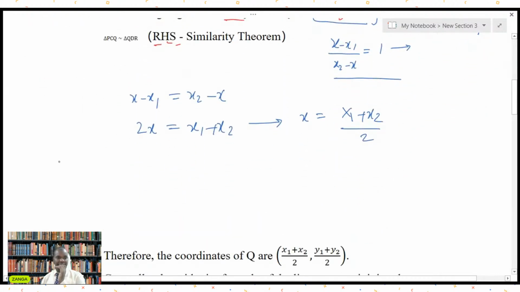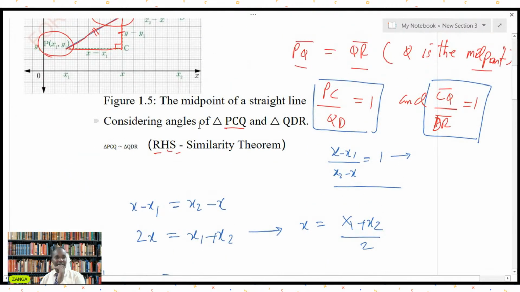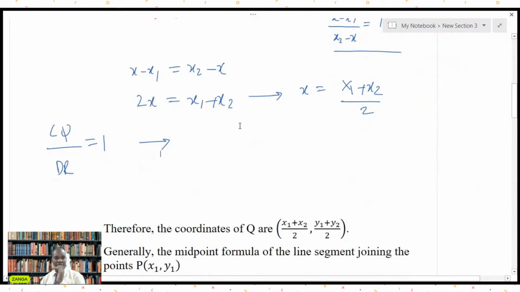So we'll be taking CQ over DR, this is equal to 1. And this is going to be equal to y minus y1 over y2 minus y equals 1.